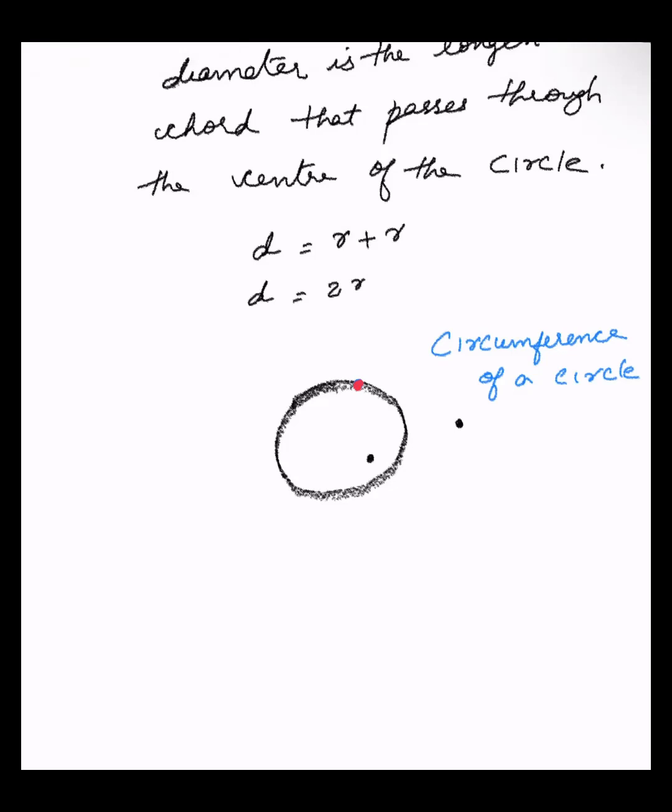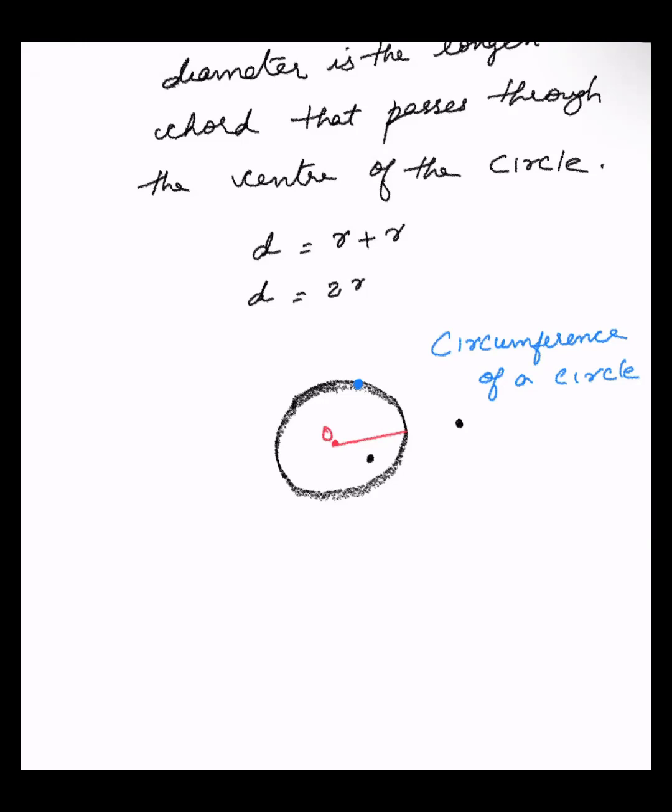Interior or exterior of the circle. Now how do you know whether the point is lying inside the circle or outside the circle, given that you know the radius? This is the center of the circle.